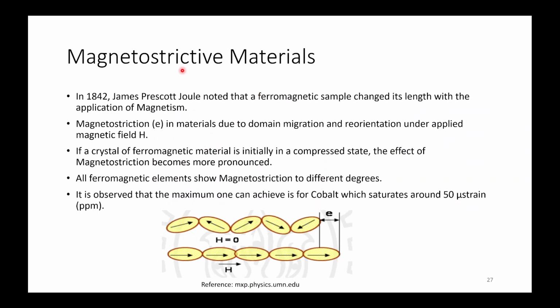In case of magnetostrictive materials, in 1842, James Prescott Joule noted that a ferromagnetic sample changed its length with the application of magnetism.